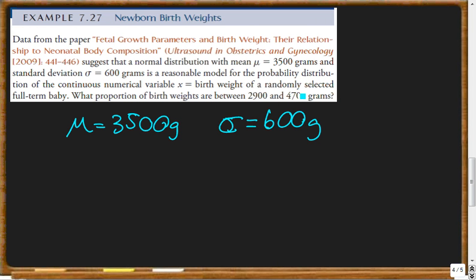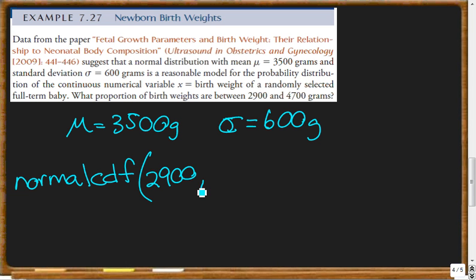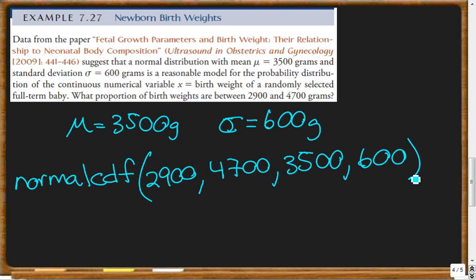So we need to use our normal CDF because we're looking for a proportion, a probability, and that's what normal CDF does. Our lower bound is the lowest amount we can allow, which is 2,900. Our upper bound is the largest amount we can have, which is 4,700. Here you have to input the mean, 3,500, and 600 as our standard deviation.